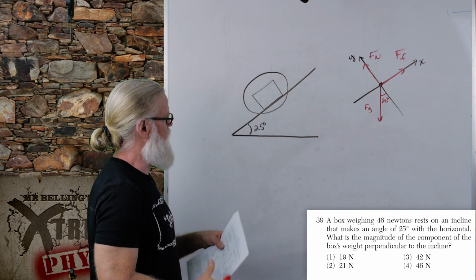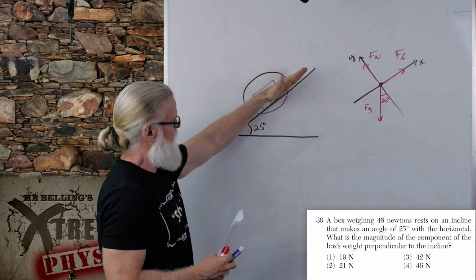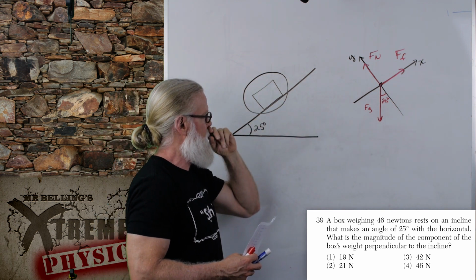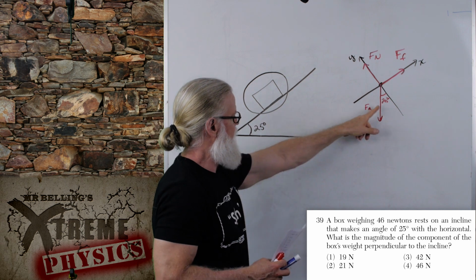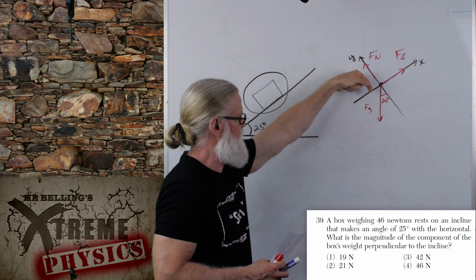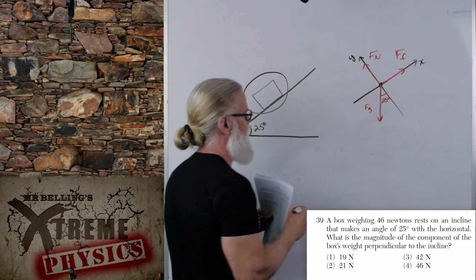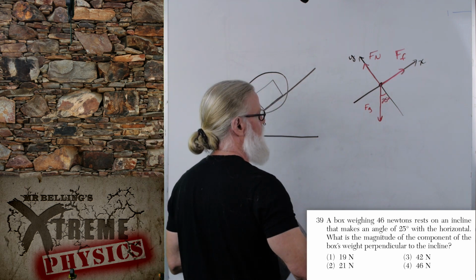I like to do a thought experiment where I imagine if I collapse this down to 0 and that goes to 0, which angle would go to 0 here? And you would see that as this collapses, this is the angle that would go to 0. Well, that has a couple of components.